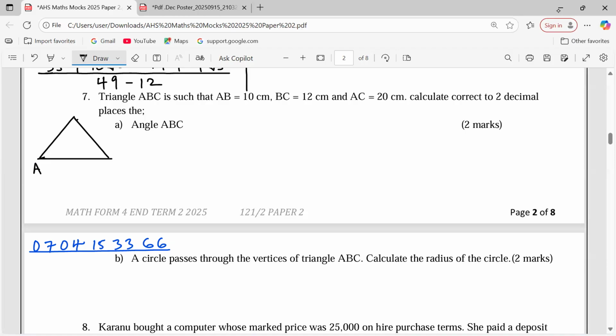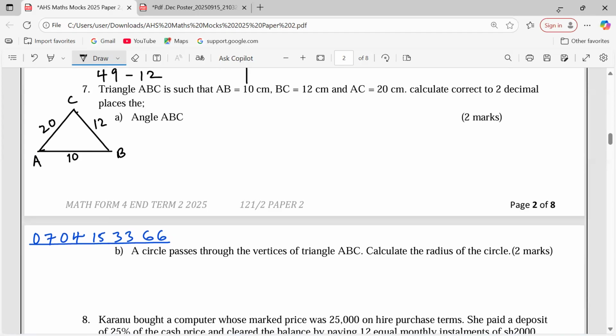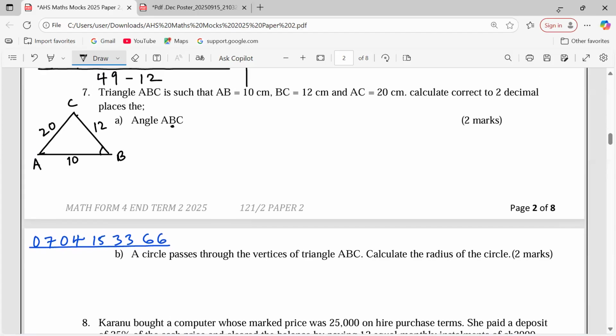This is A, B, C. AB 10 centimeters, BC 12 centimeters, AC 20 centimeters. Then we are told to find the angle at B, ABC, this one. So that angle B, in other words, B in caps.